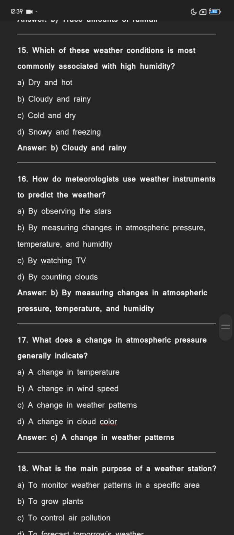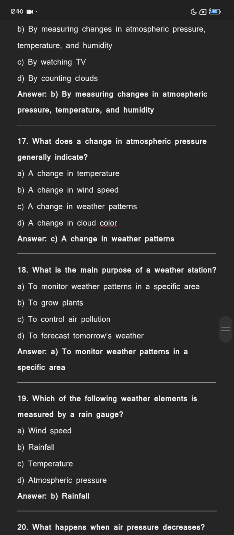How do meteorologists use weather instruments to predict the weather? By observing the stars, by measuring changes in atmospheric pressure, temperature and humidity, by watching TV, by counting clouds. The answer is by measuring changes in atmospheric pressure, temperature and humidity.